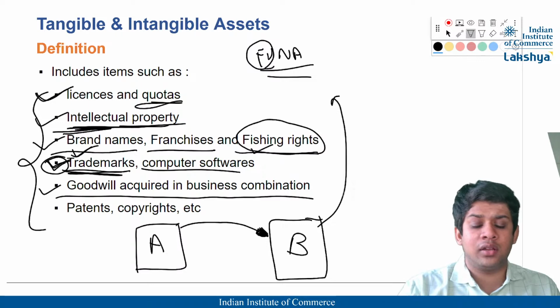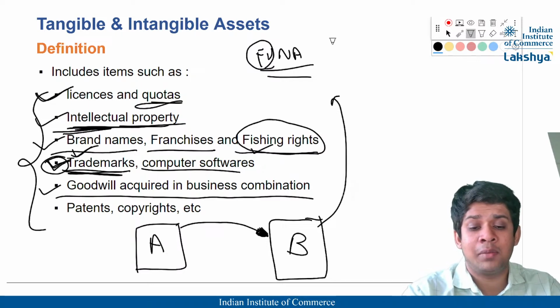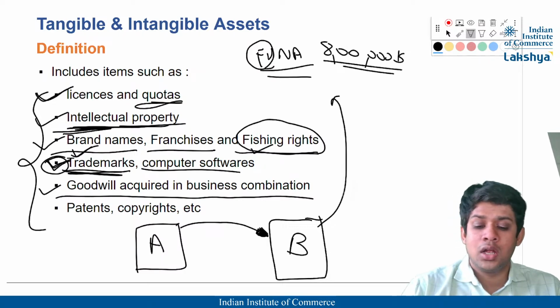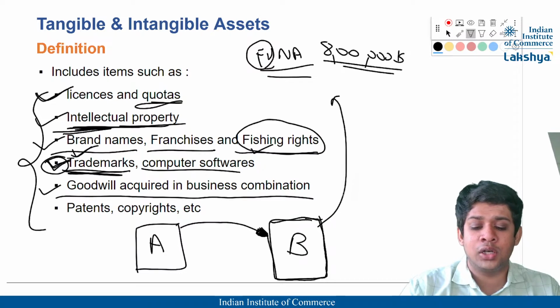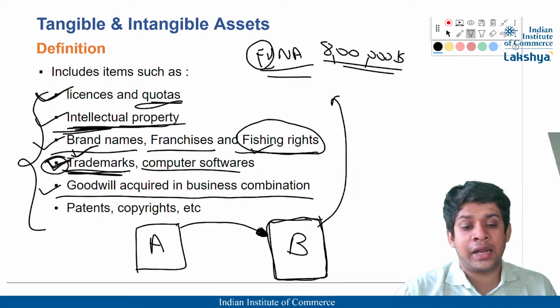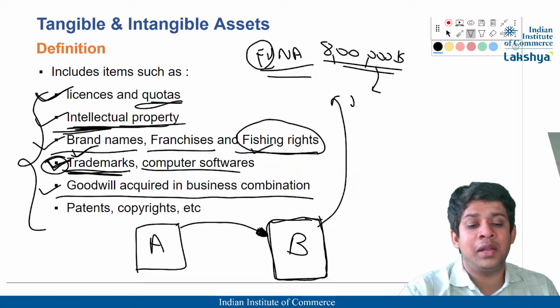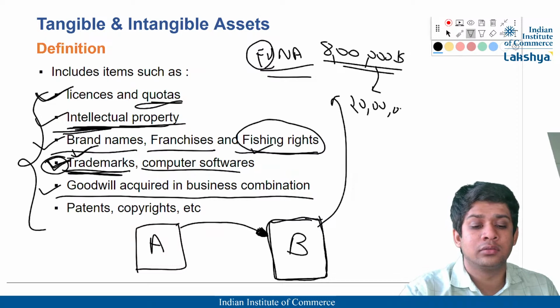So company B says, okay, the fair value of my net assets is maybe 8 lakh dollars. But company B says that my net assets are worth 8 lakh dollars out in the market right now, but if you want to purchase my company, you pay me 20 lakh. That is 2 million.